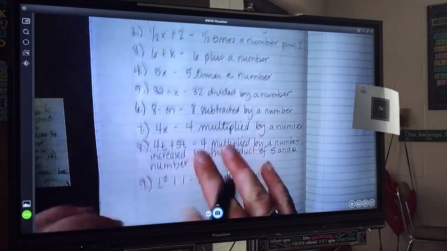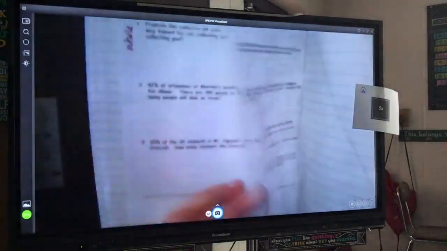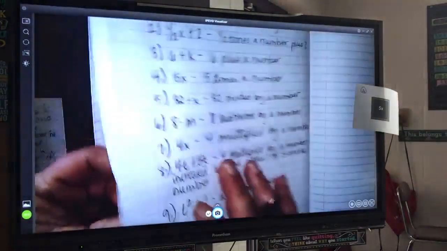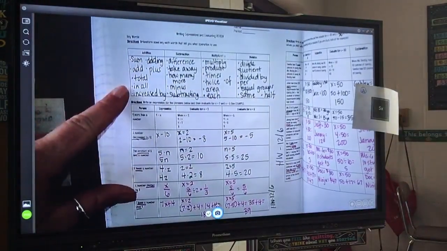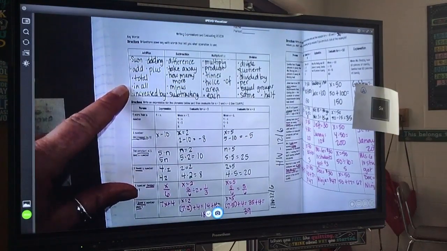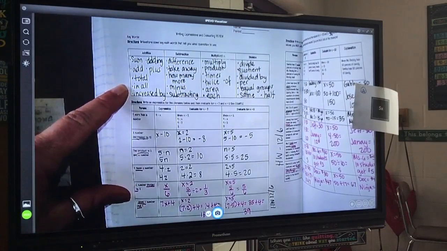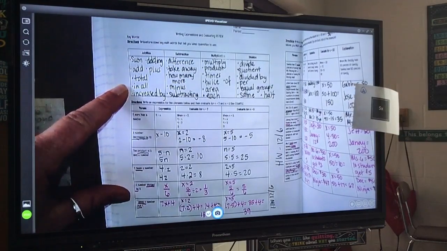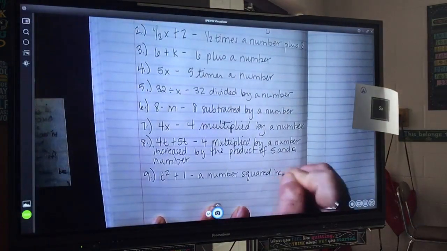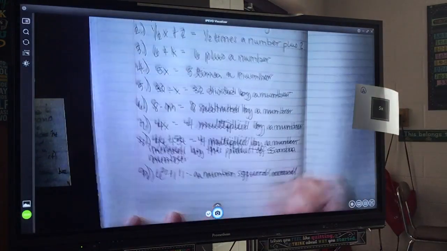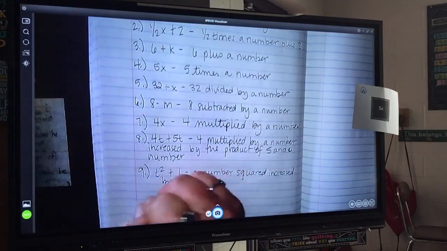So if you're not sure, just go back to that first page that we did this week and pick a different saying for addition. Look here and just pick a different word. Increased by. Increased by what? 1. Yep.